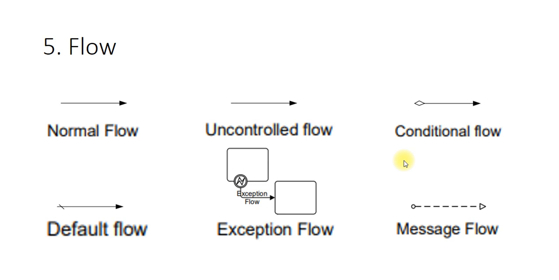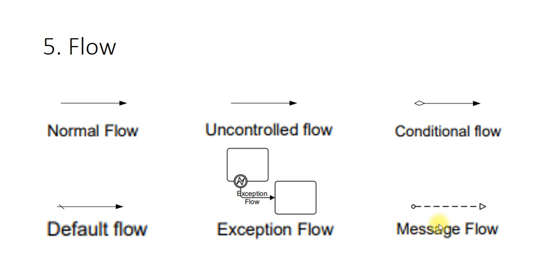So a sequential flow is indicated by an arrow which defines the direction in which a particular process heads on, as is indicated by the process diagram. A default flow is a preferred direction unless there is existence of an unavoidable incident. So that is the default path which the process takes unless there is an unavoidable incident.